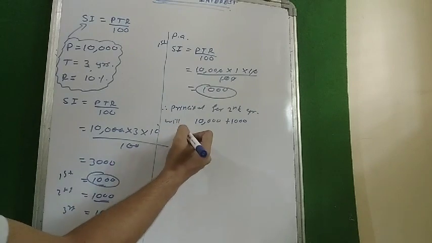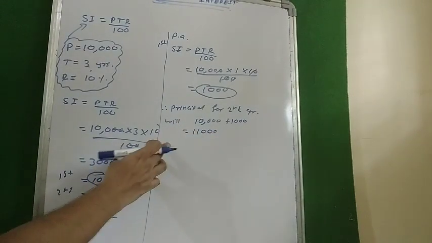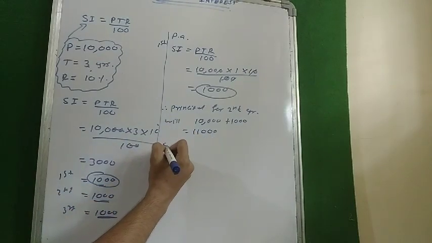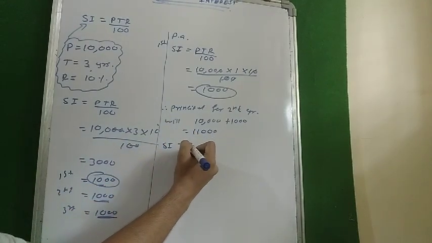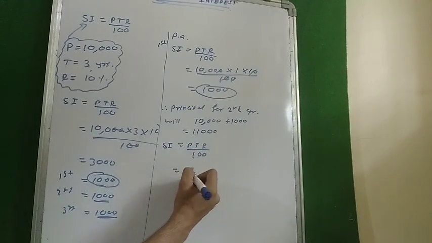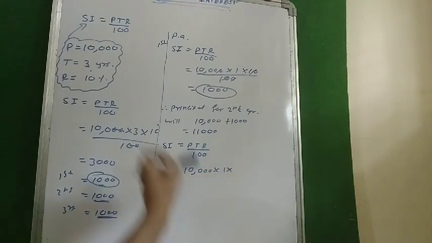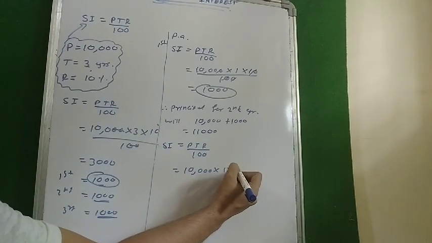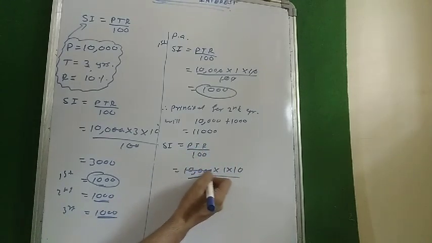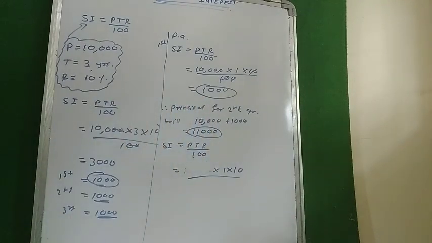So for the second year, I will calculate my interest on the principal of 11,000. Okay. For the second time now, simple interest is equal to PTR upon 100. Principal is not 10,000 over here. The principal over here will be 11,000.